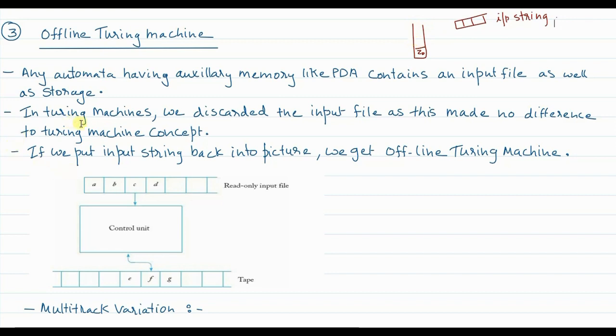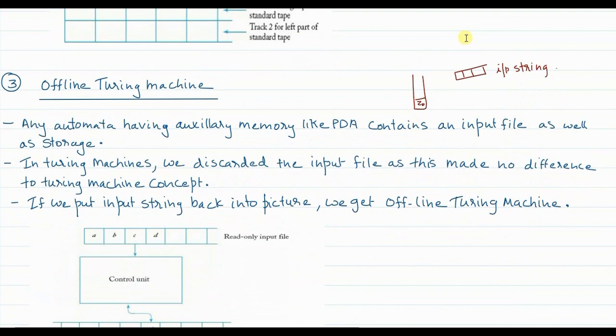Now in the Turing machine, however, when I started teaching you Turing machines, I said that this idea of keeping the input string separately is not required, because it becomes very handy. So instead, we say initially the input itself is inserted into the Turing machine. This is what we have seen in a normal Turing machine.